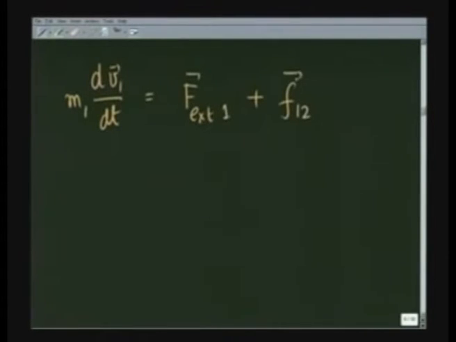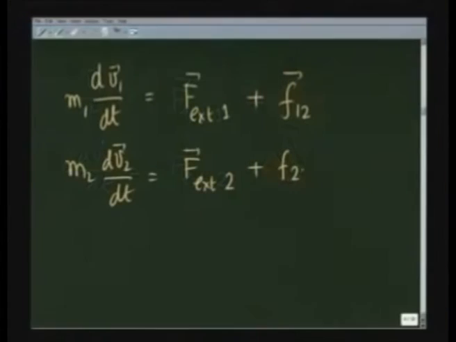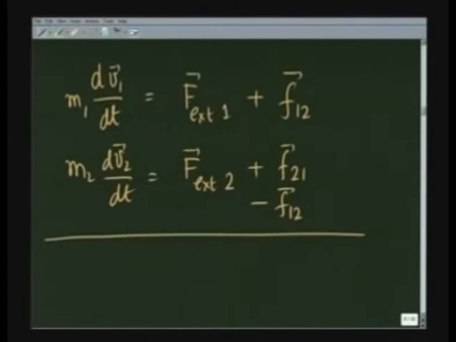So now I have m1 dv1/dt equal to F external 1 plus F12, and m2 dv2/dt equal to F external on particle 2 plus F21, which, if you recall from the previous slide, is minus F12.